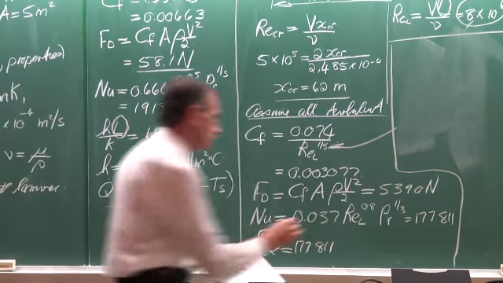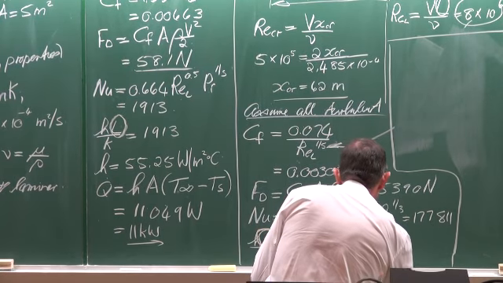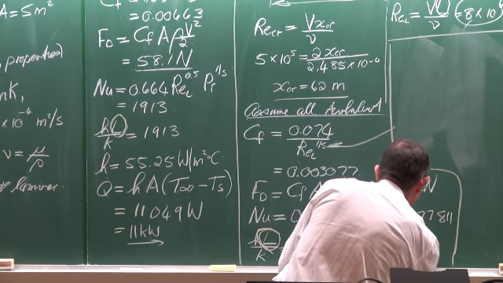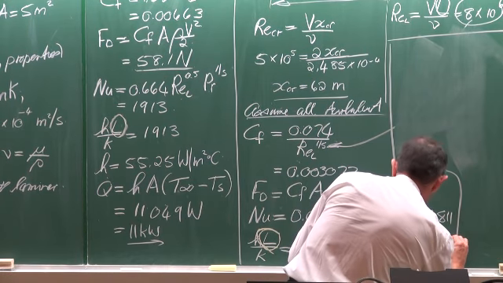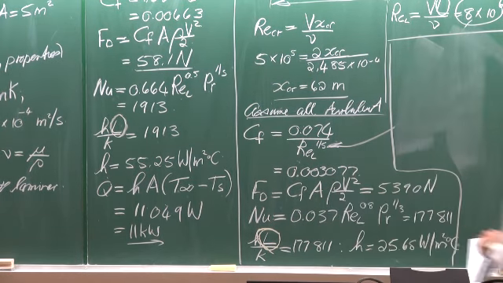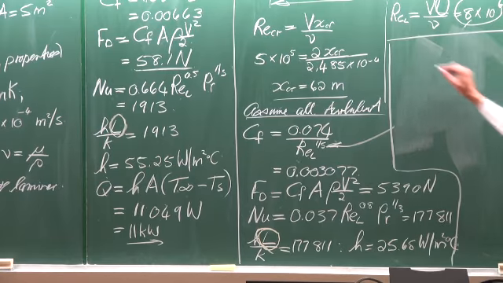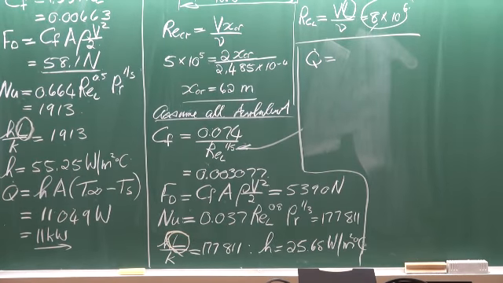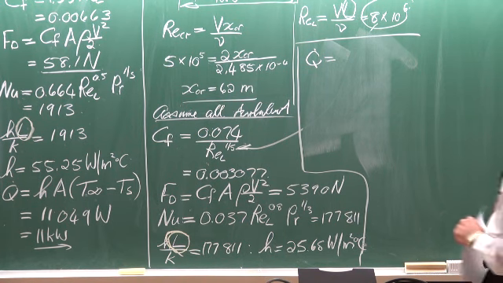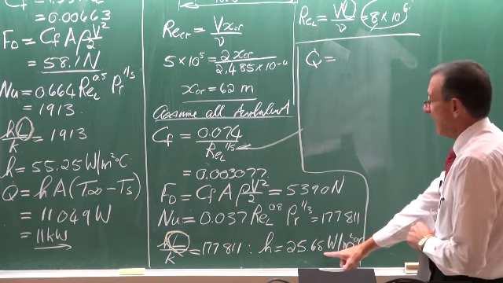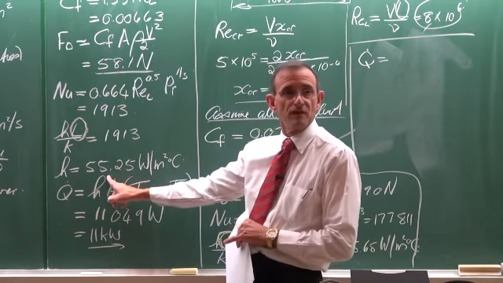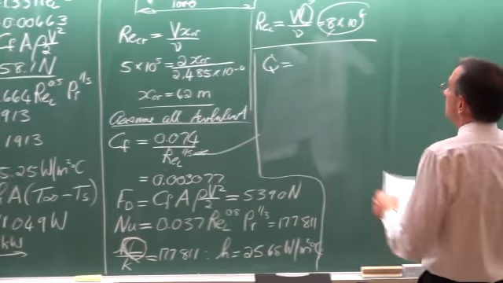The heat transfer coefficient would then be equal to 25.68 watts per square meter degree Celsius. Okay, 25. So we can see that the average heat transfer coefficient is actually now lower than previously. Previously it was 55, now it is lower.